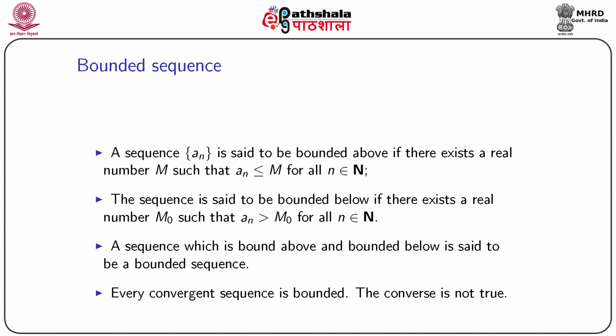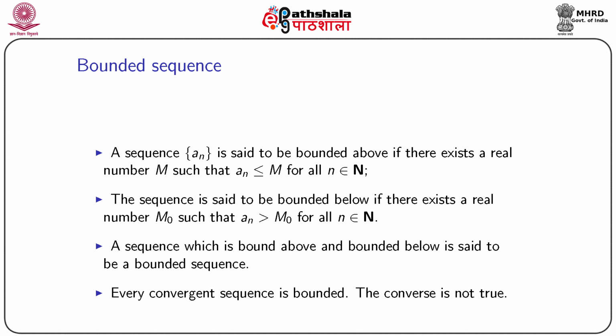Now we will focus on the definition of a bounded sequence. A sequence a_n is said to be bounded above if there exists a real number M such that a_n is less than or equal to M for all n belonging to the set of natural numbers. And the same sequence is said to be bounded below if there exists a real number M0 such that a_n is greater than M0.